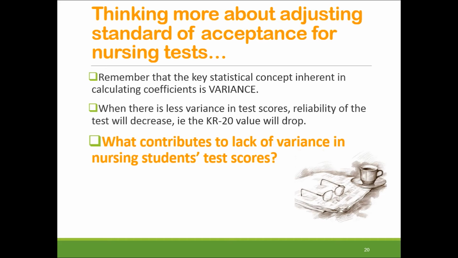And that is because variance is the driving concept behind these correlations, and when there's less variance in the test scores, you're going to see the reliability of the test decrease. So the KR20 is going to drop. And there is a situation with nursing students in particular that contributes to lack of variance in their scores.